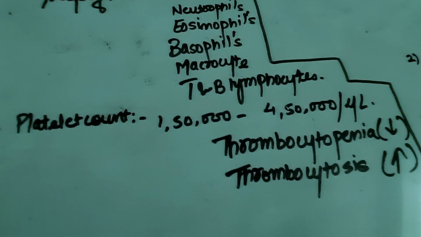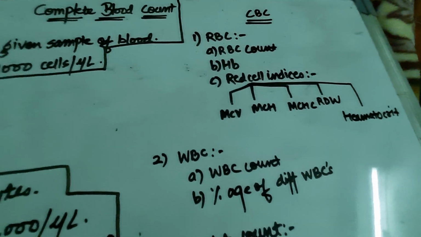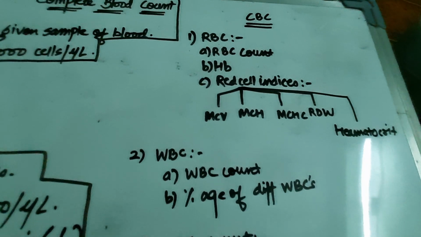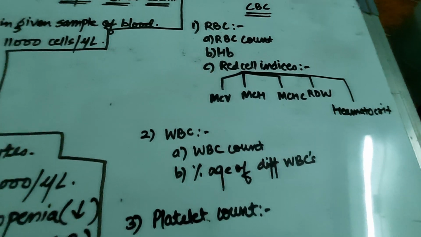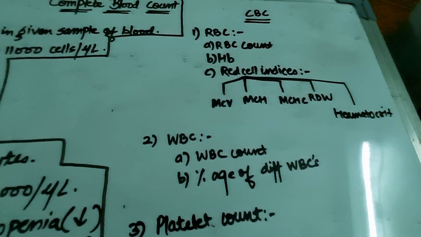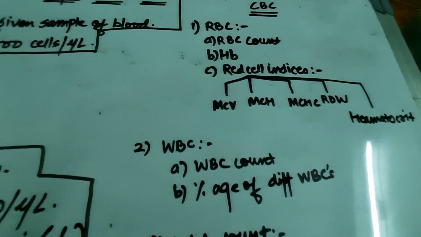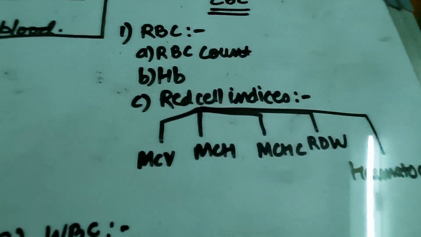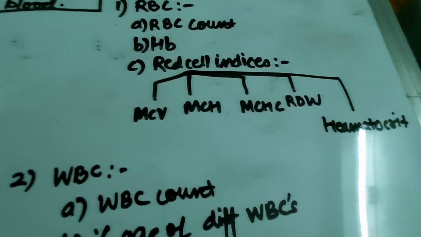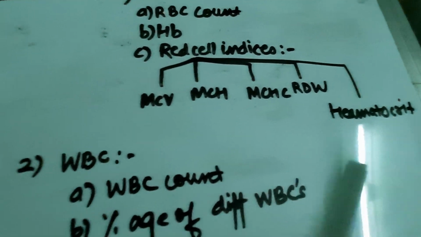So, in short, in any anemia, if someone asks you what investigations you would like to do, and you write CBC, this is the way you should answer in the exam. First is RBC, second WBC, and the third platelet count. In RBCs, you give the headings RBC count, hemoglobin, and the red cell indices, which are MCV, MCH, MCHC, RDW, and hematocrit.